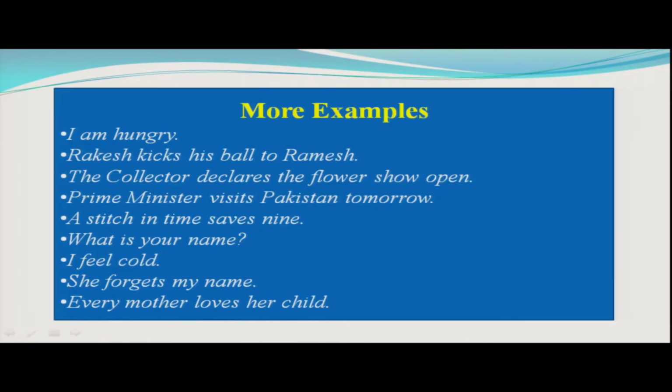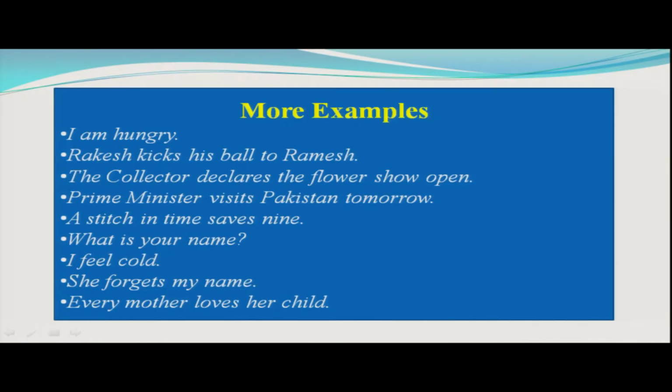The collector declares the flower show open. Now, the collector gives a formal declaration of the flower show opening at a particular time. So, this is a formal declaration and the use of simple present tense.